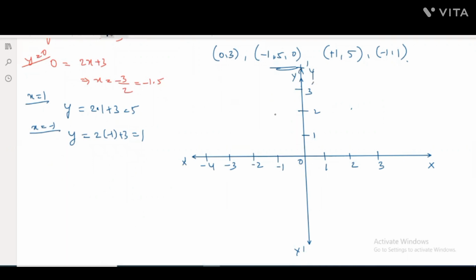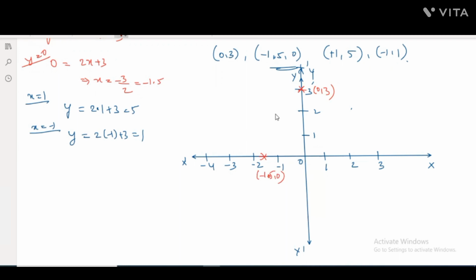Look at the points we have to plot on the graph. First is 0, 3. The x coordinate is 0, so the point lies on the y-axis. Here is 0, 3, my first point. Next, minus 1.5, 0. The y coordinate is 0 and the x value is negative, so it lies on the negative x-axis at minus 1.5, 0.